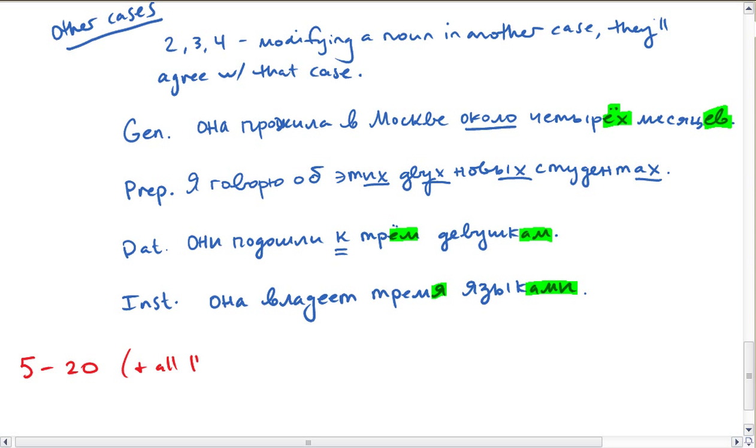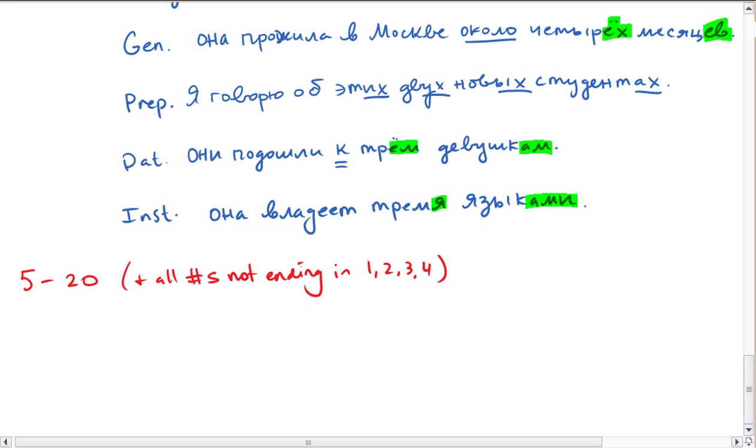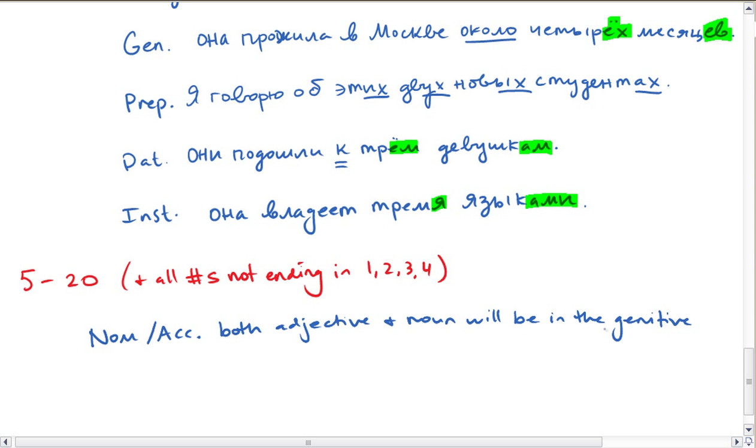And all numbers not ending in 1, 2, 3, 4. Okay, so in the nominative and accusative, so when the number is in the nominative or the accusative, both adjective and noun will be in the genitive plural.